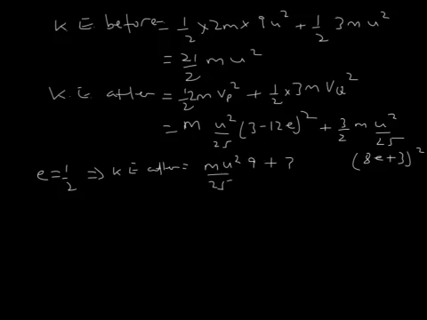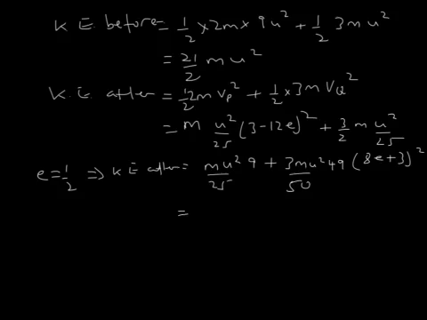Then we've got 3mu squared over 2, no we haven't, it's 2 times 25, which I reckon is 50. 8e plus 3, 8 times a half is 4, 4 plus 3 is 7, 7 squared is 49.